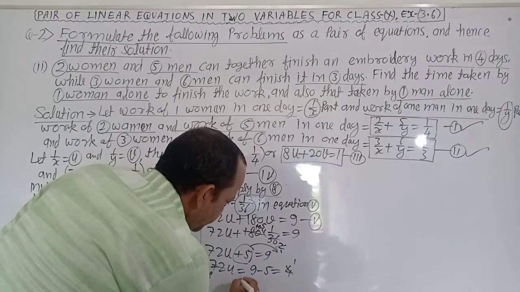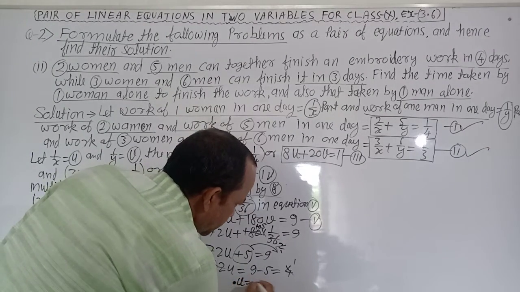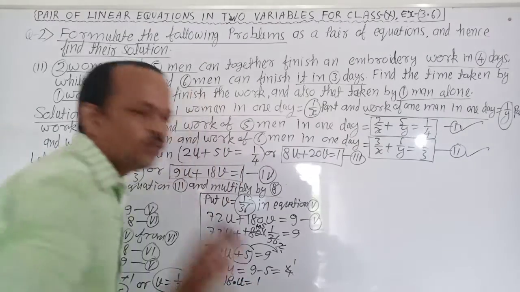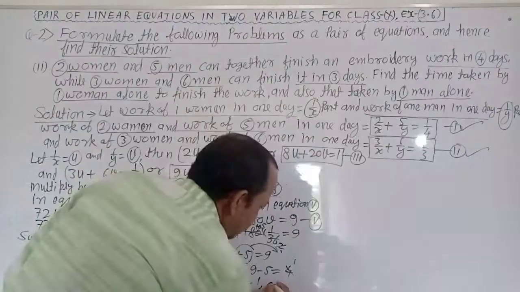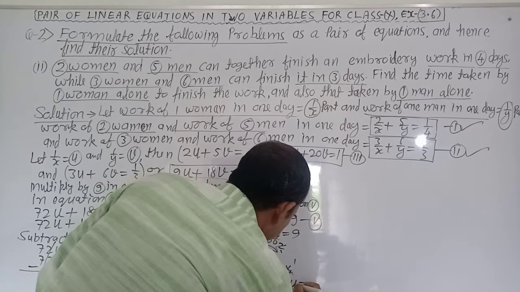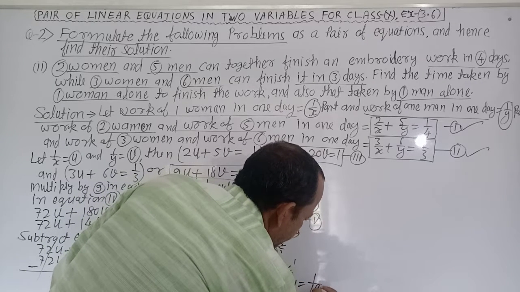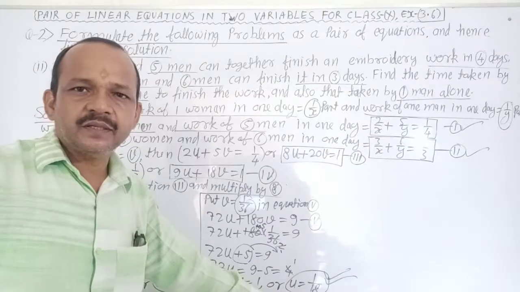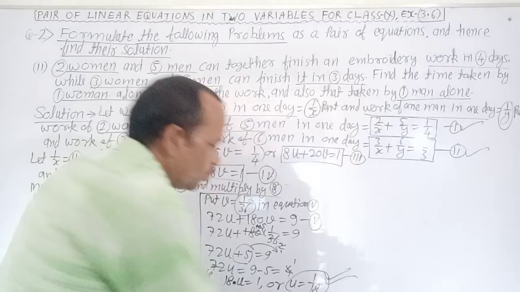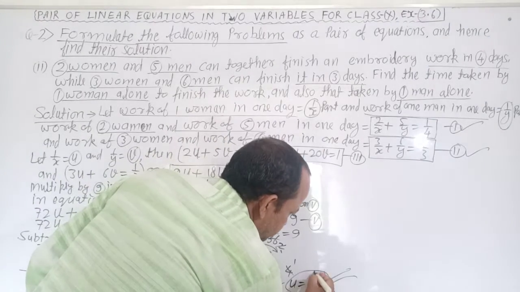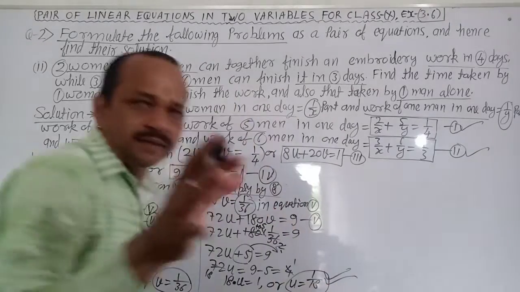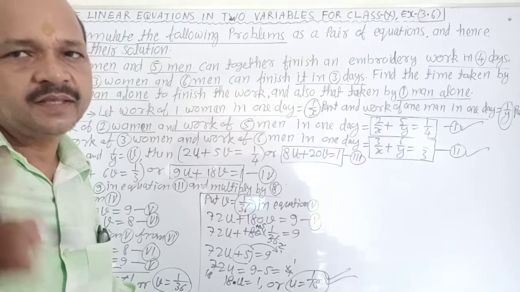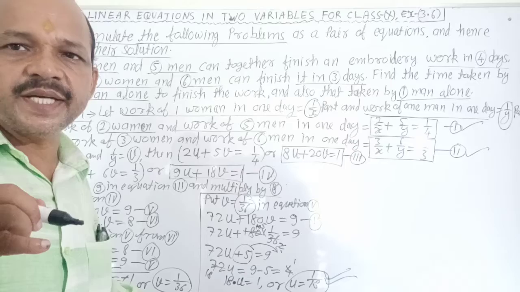You find u equal to 1 by 18. Clear? And v equal to 1 by 36. No confusion about it?